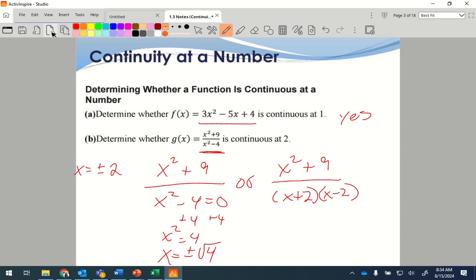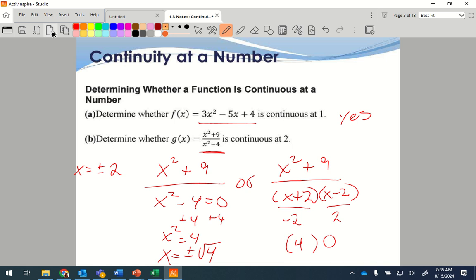So right here, let's just look at this piece right here. What number for x would make that equal to 0? That would be a -2, right? What number for x would make this one here be 0? Okay, so that would be a +2. So if I plug in a +2, this would be a 0 times 2 plus 2, 4.